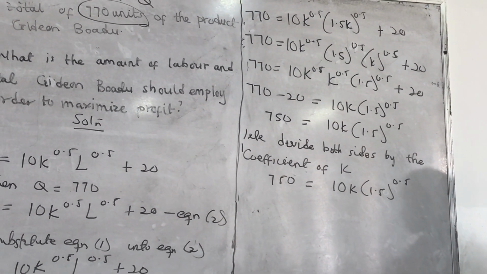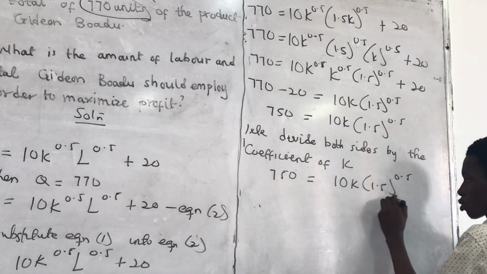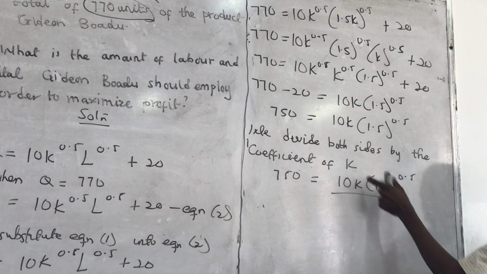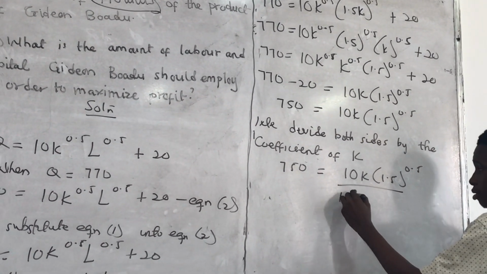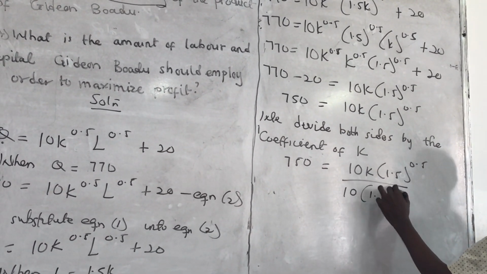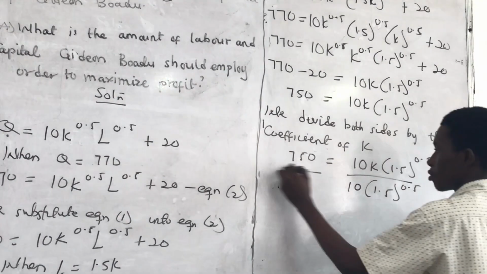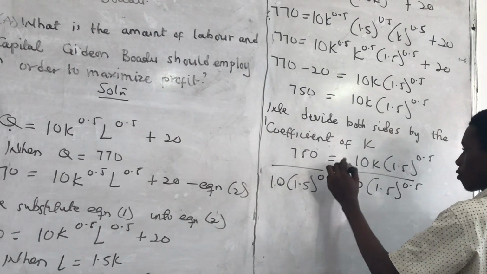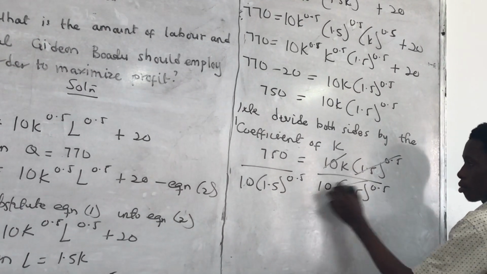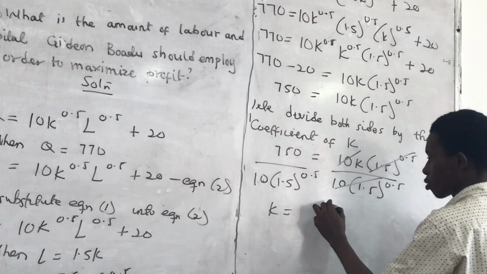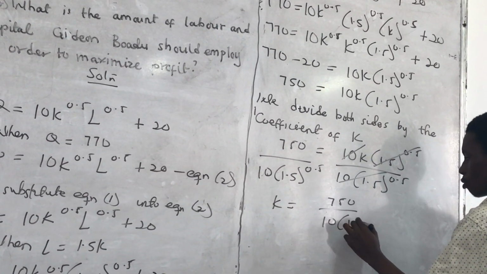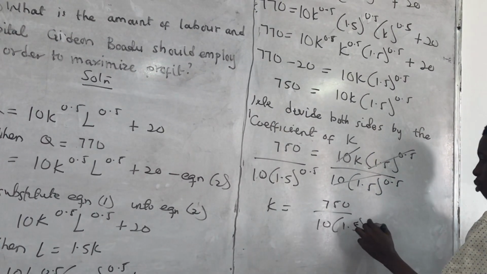So we are dividing both sides by the coefficient of K. So we maintain the K and eliminate the 10 with the one bracket out. So we have 10, 1.5, 0.5. So out, K is equal to 750 over 10, 1.5, 0.5.